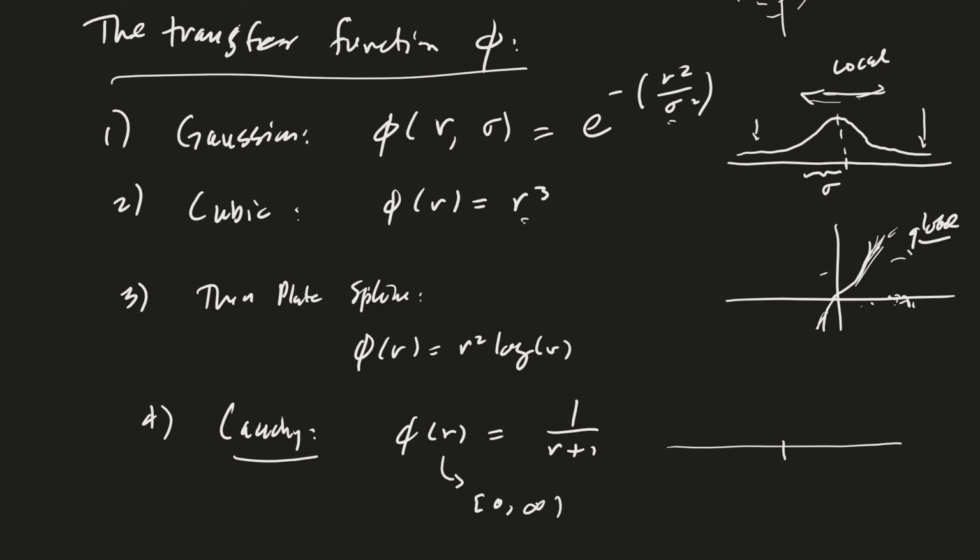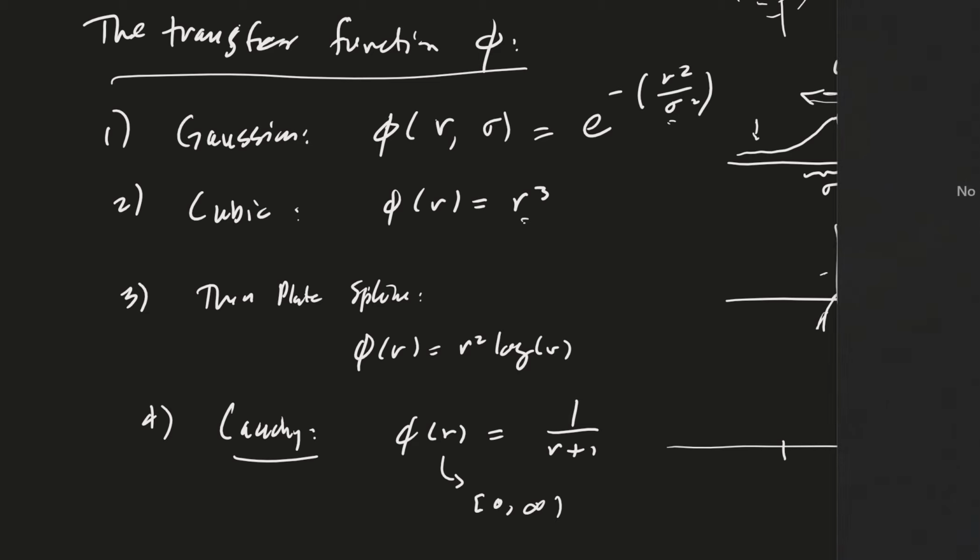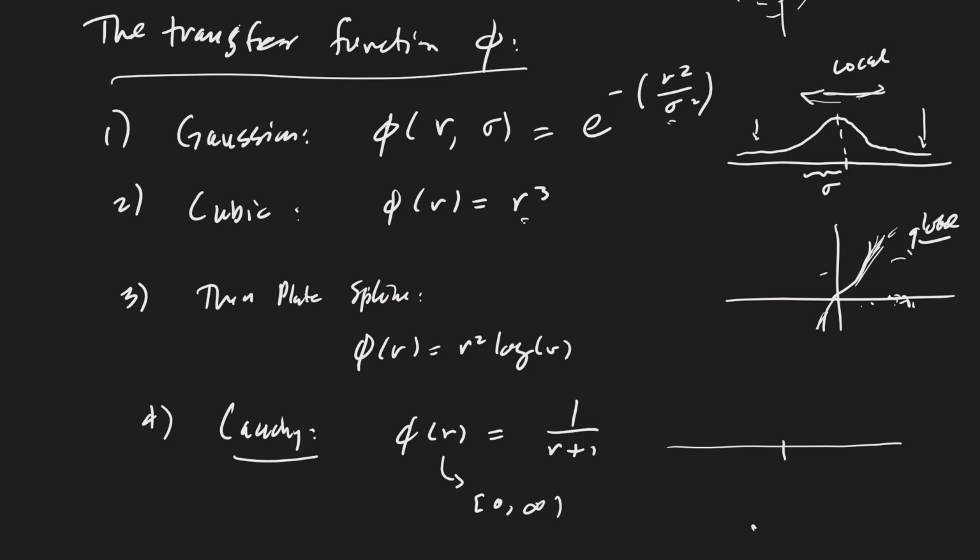When I'm drawing these graphs, I'm actually not getting the full picture. We're actually only getting the positive half because our domain is only the positive numbers. So we're only getting this positive half for this one and this positive half for this one.